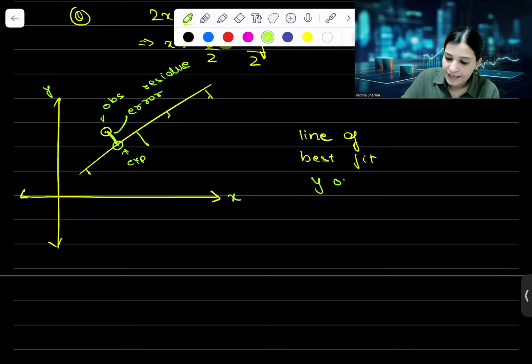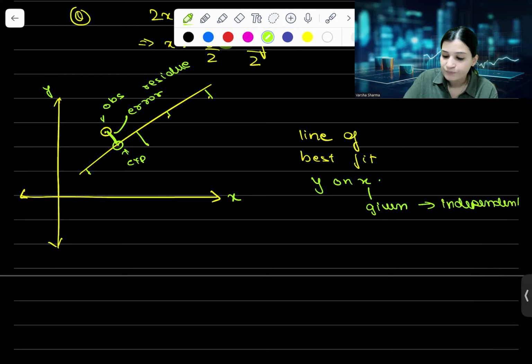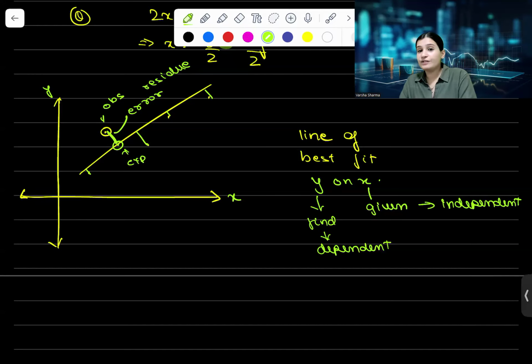This is y on x, that means x will be given, so this will be known as your independent variable. The y we have to find will be known as the dependent variable. So the diagram that I have drawn is the line of best fit for y on x. We are finding y when x is provided to us.